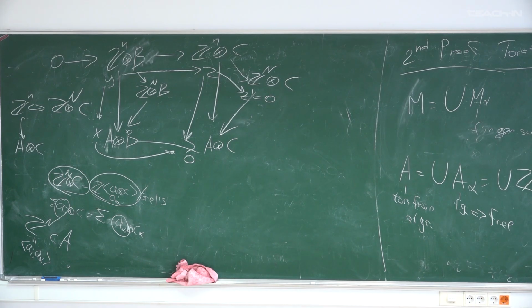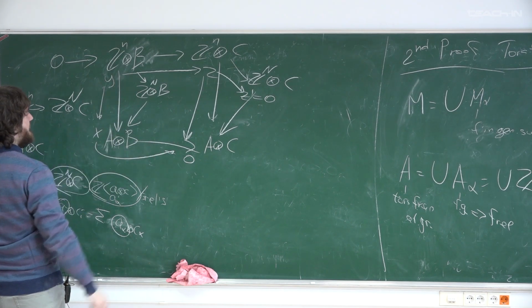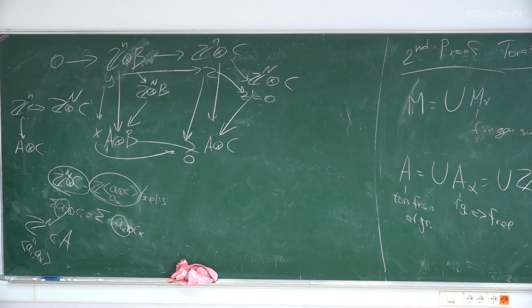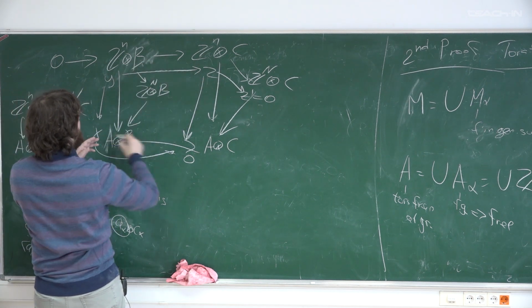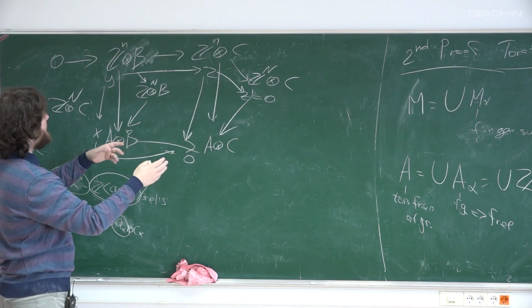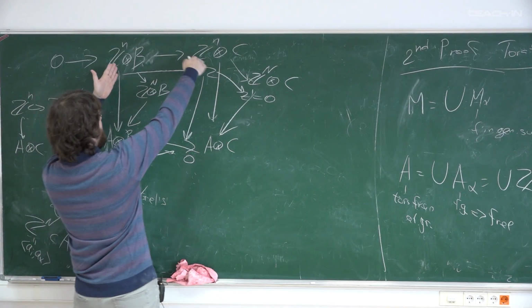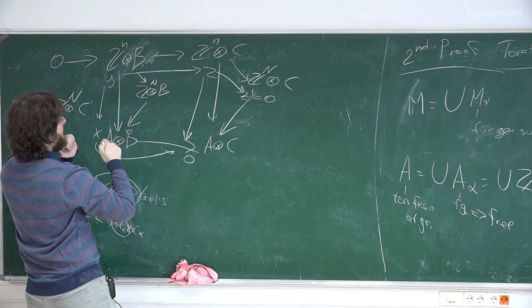Why is it commutative? Because these are all induced homomorphisms by inclusions of the first variable or inclusions of the second variable. You can check, that's all. Of course, they are commutative. These horizontal maps are induced by inclusions on the second variable, B to C. The vertical maps are inclusions on the first variable, Z_n to a greater subgroup.